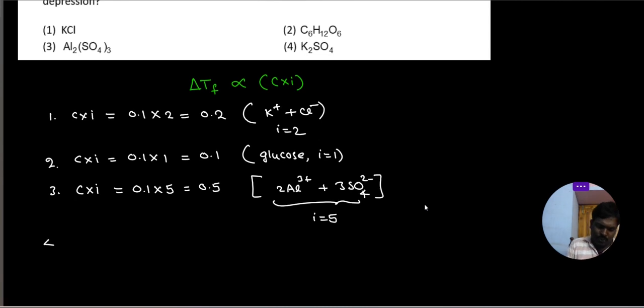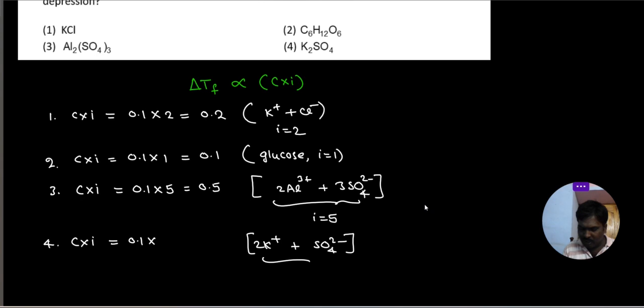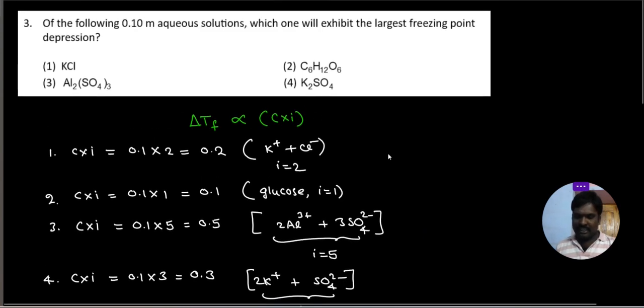Now moving to fourth one, C into I, 0.1 into, here 2K+ and SO4 2-. How many total? 3 ions. So now 0.3. Clear?